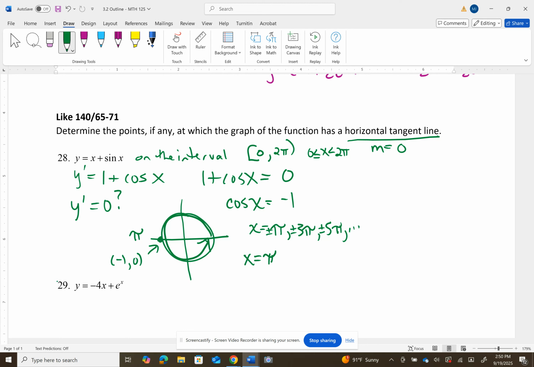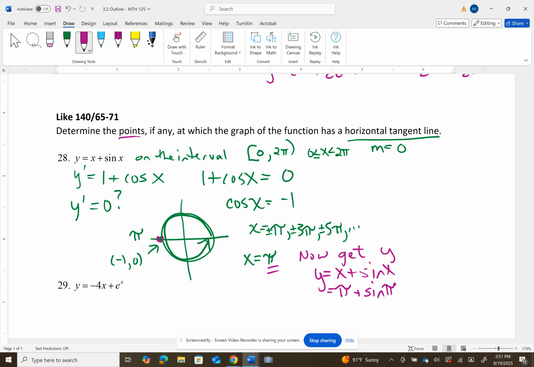Now, I need the points, the point. So that's the x. Now find y. Get the y coordinate. So go back to the original function, and you know it's going to have a horizontal tangent line when x equals pi. So plug in the pi.